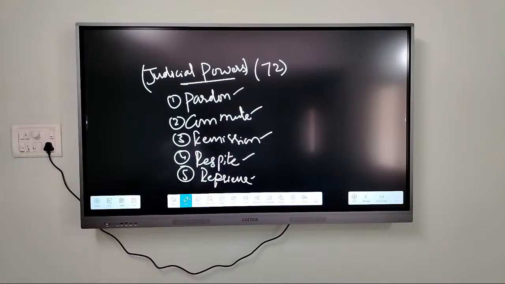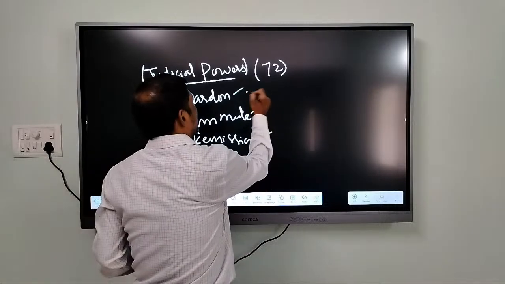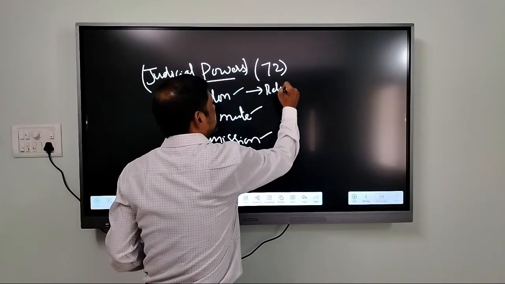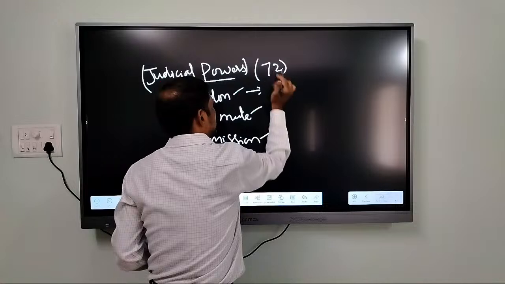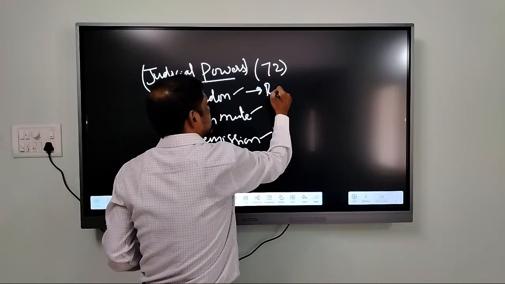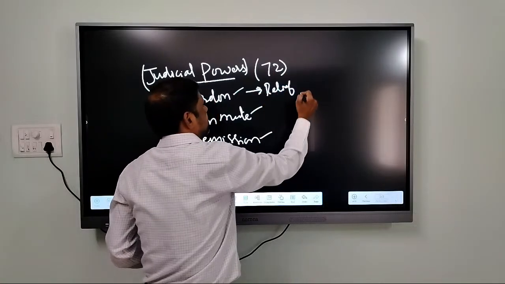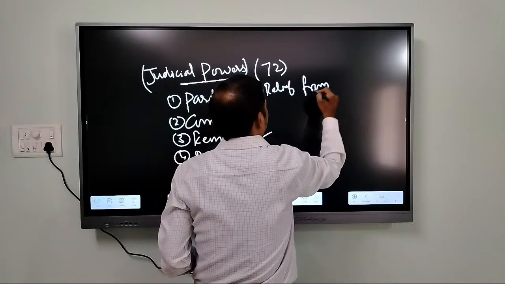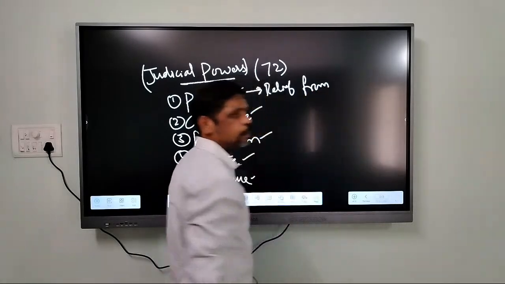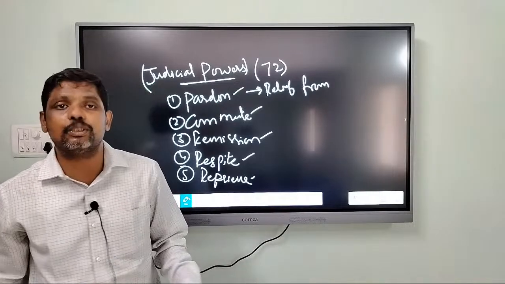So coming to pardon. Pardon means providing relief from all the forms of punishments. Any form of punishment, including death punishment.